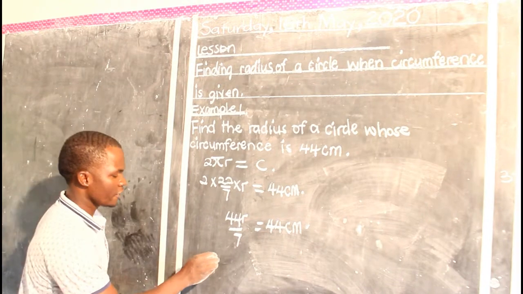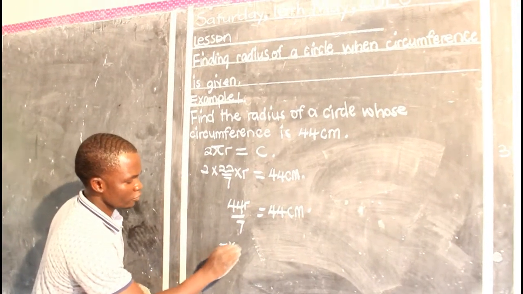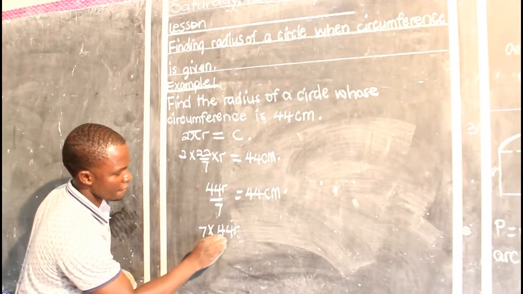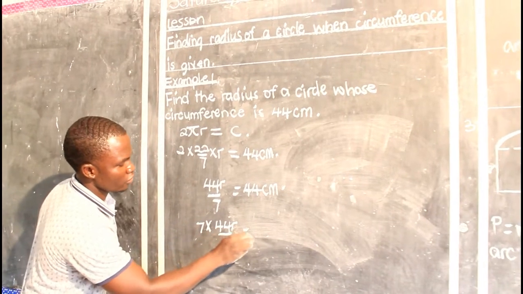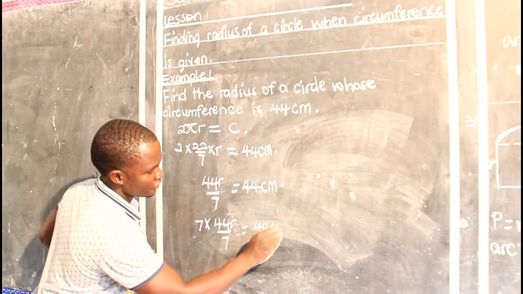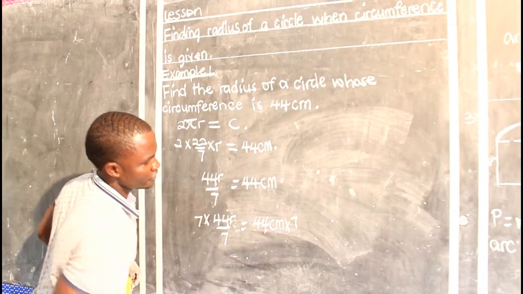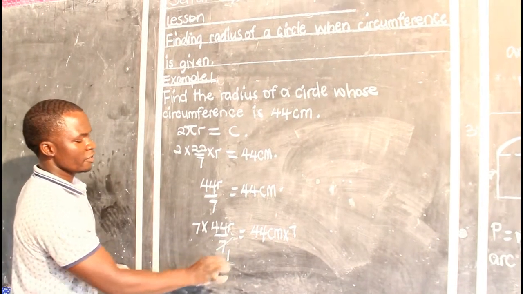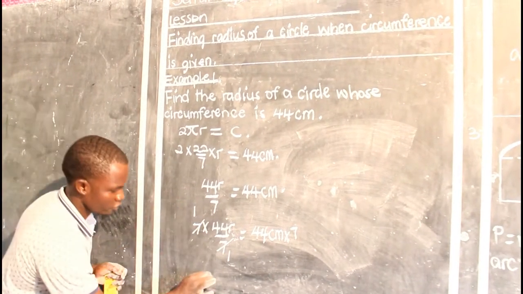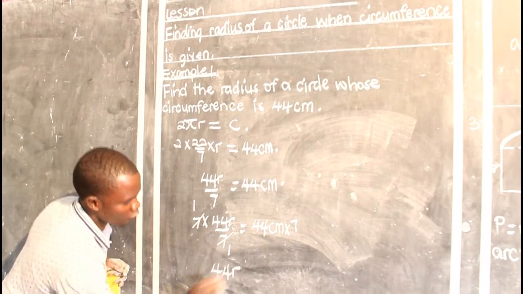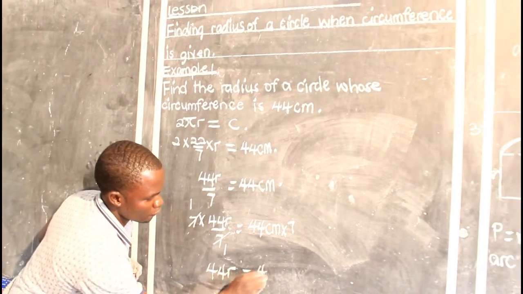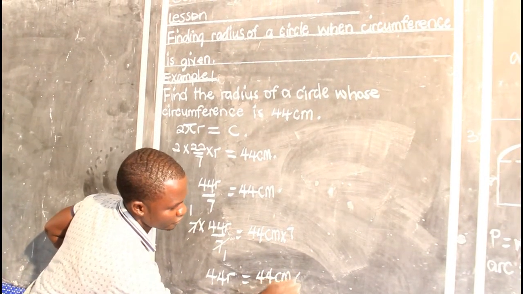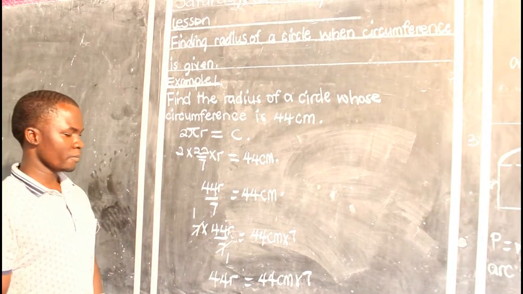So we shall say 7 times 44r out of 7 equals 44 centimeters times 7. By 7 once, by 7 once. So this will now be 44r equals 44 centimeters times 7.